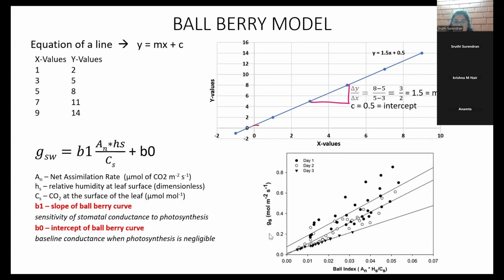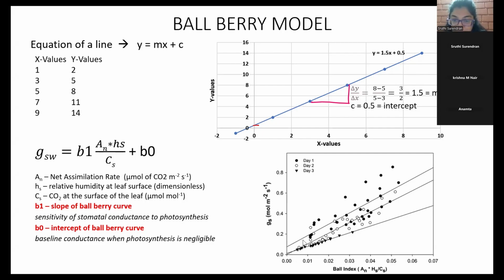So we can know the y-axis value when the x-axis is 0, that means when photosynthesis is 0. Relative humidity and carbon dioxide concentration are not going to be 0, so the x-axis will be 0 only if the photosynthetic rate is 0. So when the photosynthesis is 0, what the stomatal conductance will be is the interpretation of the intercept value in this equation. The intercept gives us the baseline conductance when photosynthesis is negligible or 0.